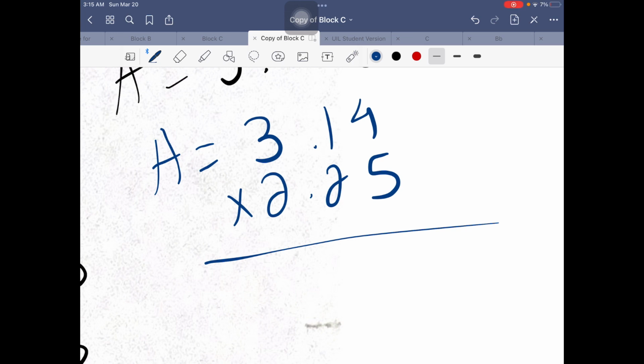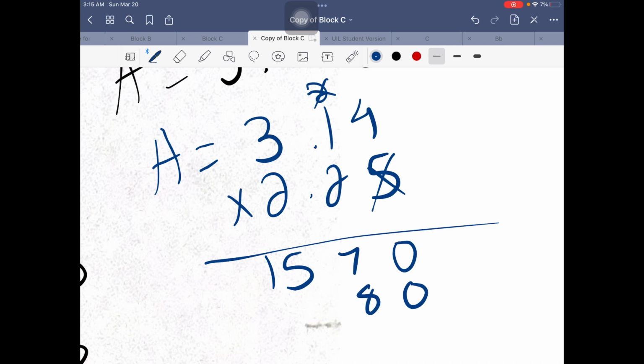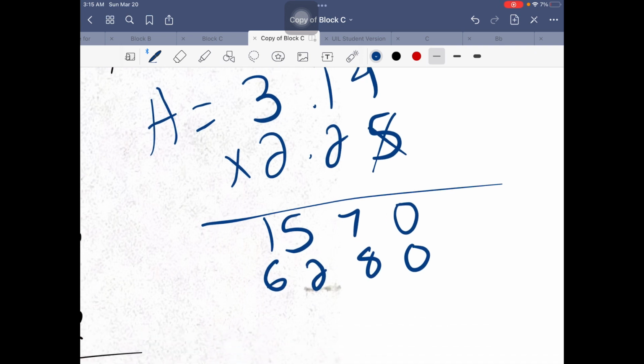What's 4 times 5? 20. 5 times 1 plus 2, 7. 5 times 3 is 15. 1x means 1, 0. 2 times 4 is 8. 2 times 1 is 2. 2 times 3 is 6.